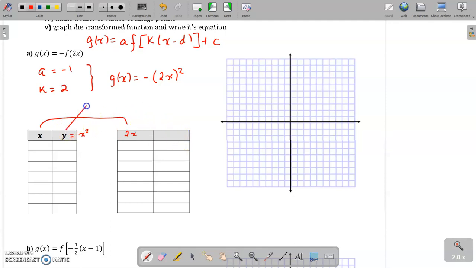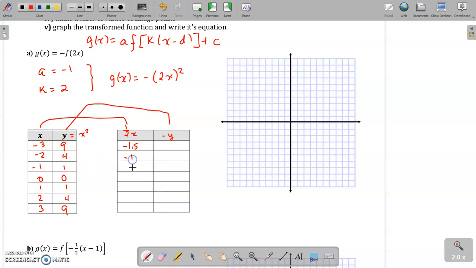And here, the transformed y value is going to be -y of the original function. Oops, slight mistake. This would be 1/2 because it's horizontally compressed by a factor of 1/2, which means your original x value, if you were to plot it, would then be -1.5. So it's -3 divided by 2, essentially.